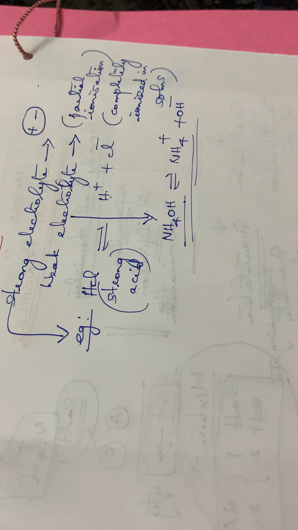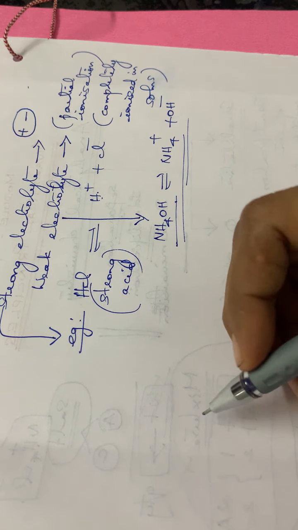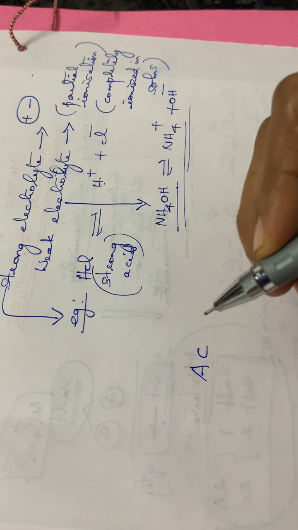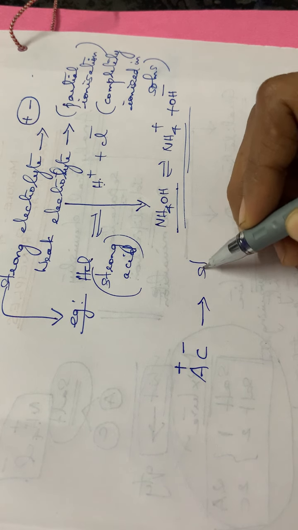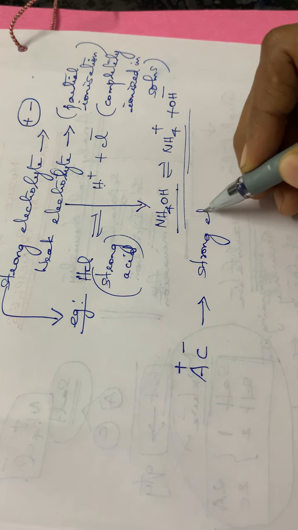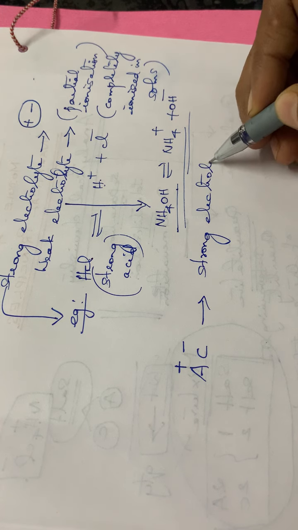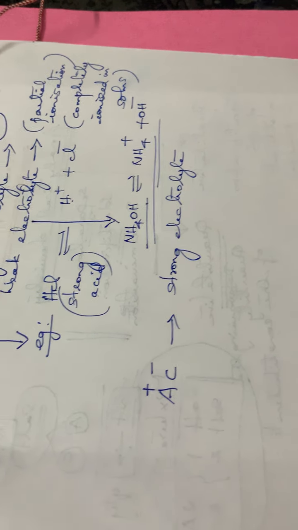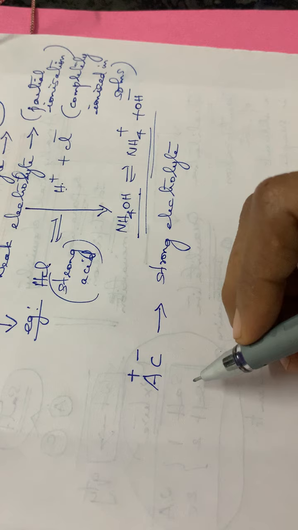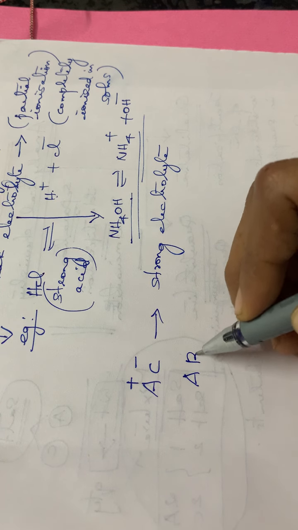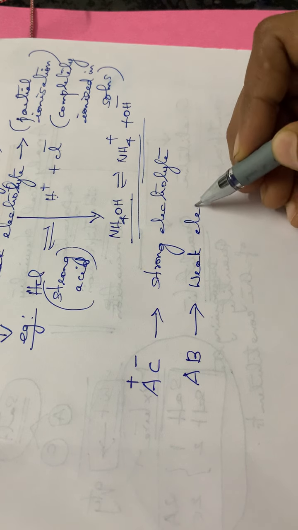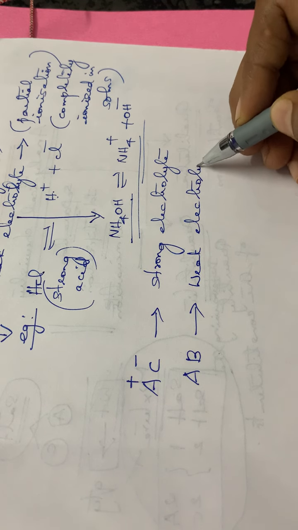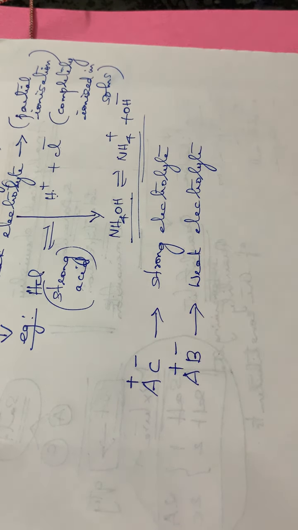Here, in this phenomenon of common ion effect, suppose I am representing a strong electrolyte as AC, A plus and C minus. Let it be a strong electrolyte. And this strong electrolyte is added to a solution of a weak electrolyte, say AB, again A plus and B minus.